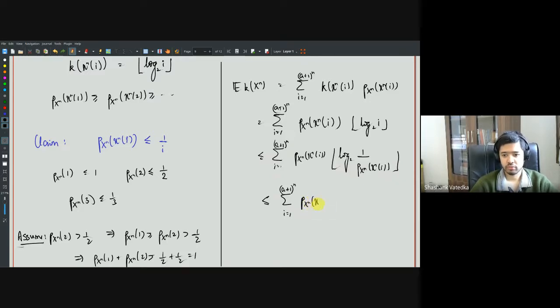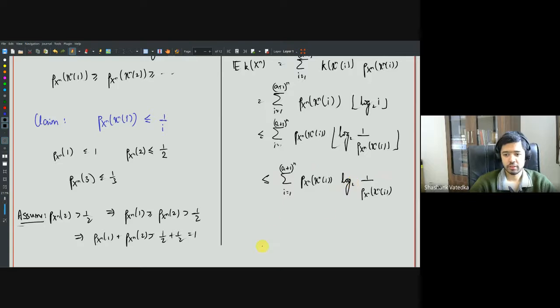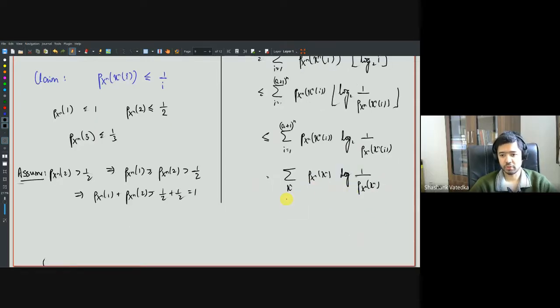So p_Xn of i log 1 over p_Xn of i, right? Which you can also rewrite as the summation over all possible xn of P of xn log 1 over P of xn, which is just the entropy of the sequence.